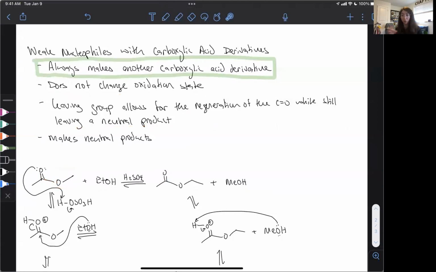Carbons and hydrogens are terrible leaving groups. Oxygen, nitrogen, and chlorine are starting to be more reasonable leaving groups. So that allows us to regenerate that carbonyl and still end up with a neutral product. Just like the ketones and aldehydes, we're still aiming for neutral products, and if we can keep the carbonyl around, even better.